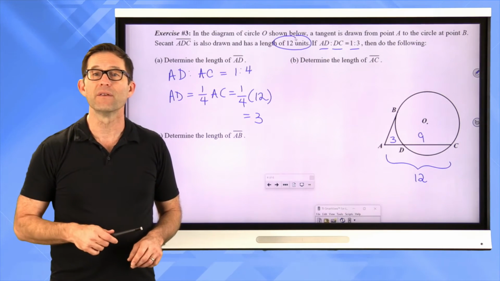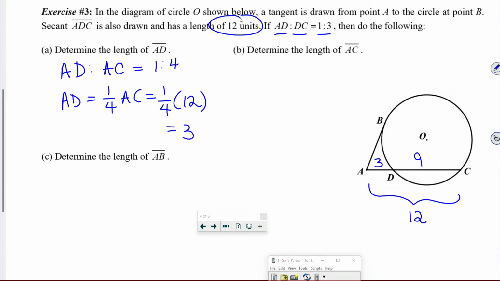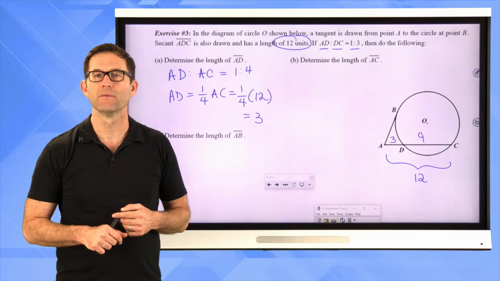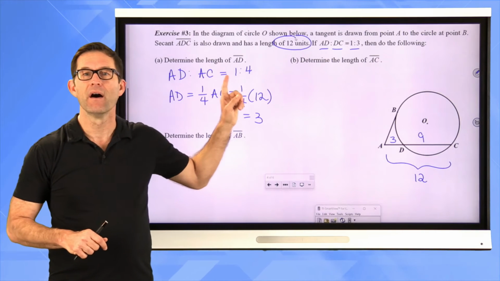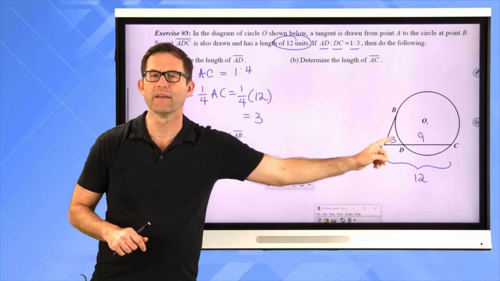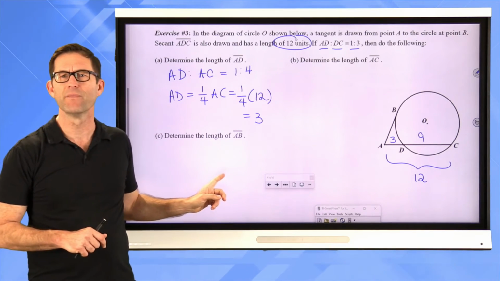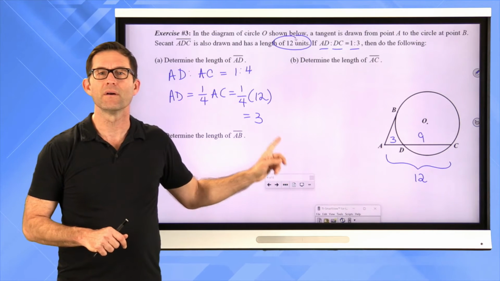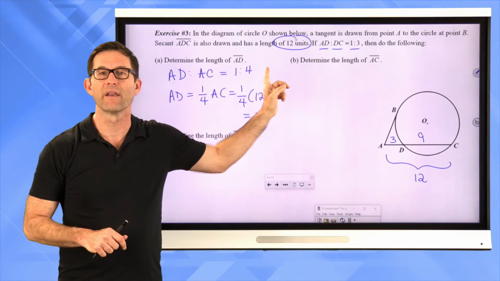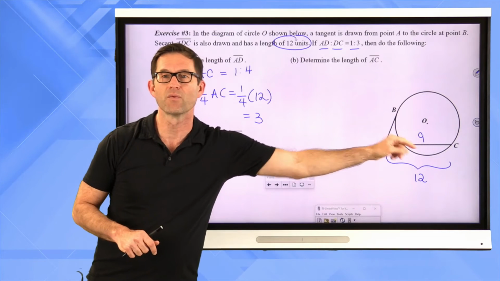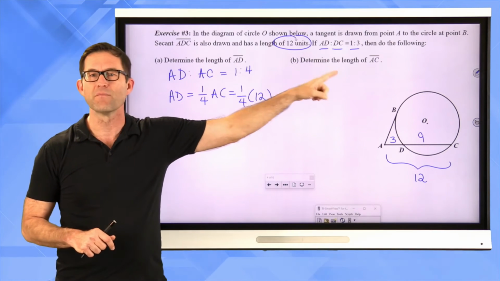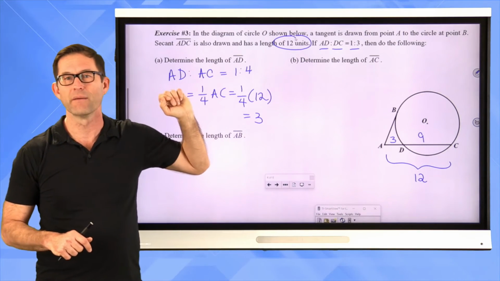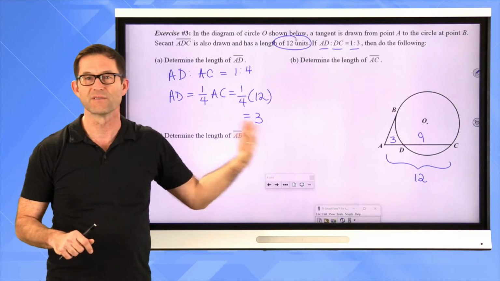Now, in letter B, they want me to determine the length of AC. Wait a second here. How does that make sense? Okay. ADC, AC, AB, the length of ADC is also drawn and has a length of 12 units. Yeah, I think that was meant to say DC, because the length of AC is 12 units.